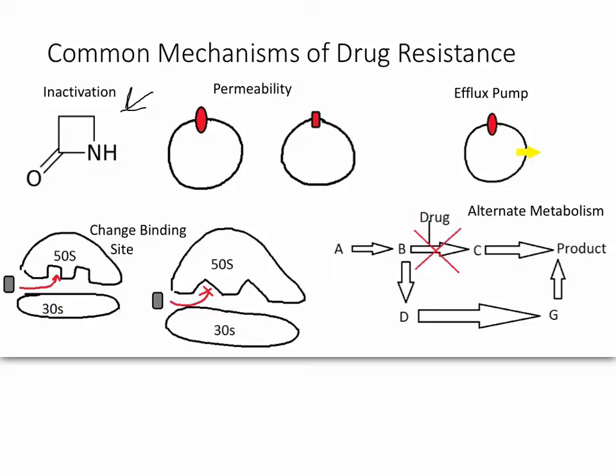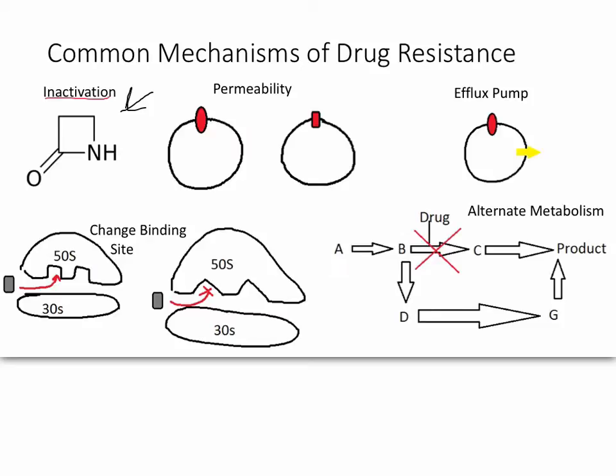But whenever that nitrogen is in the beta position, it's called a beta-lactam. And all beta-lactams, at least all the beta-lactams that are medically important, are a 4-sided ring. And so one way that drugs become resistant is by inactivation, and this is exemplified through the beta-lactams.